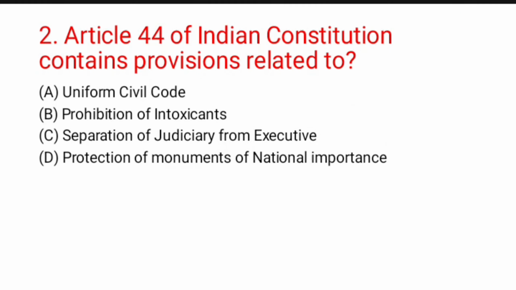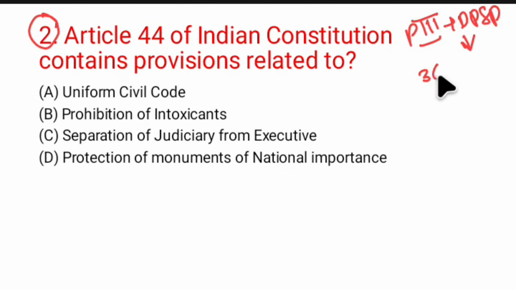Article 44 is part of Part 4, which talks about the Directive Principles of State Policy, and these are the articles ranging from 36 to 51. So let us understand all these important articles one by one.